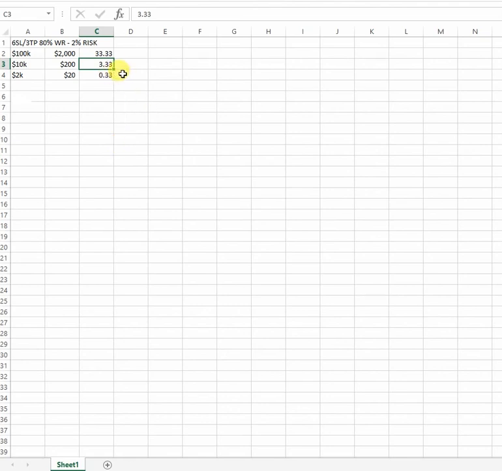So if we are risking $2,000 with a 2-to-1 risk to reward ratio, then our profit would be 1,000 per trade. Here would be 100 per trade, and here would be $10 per trade, right? So those would be our profit.